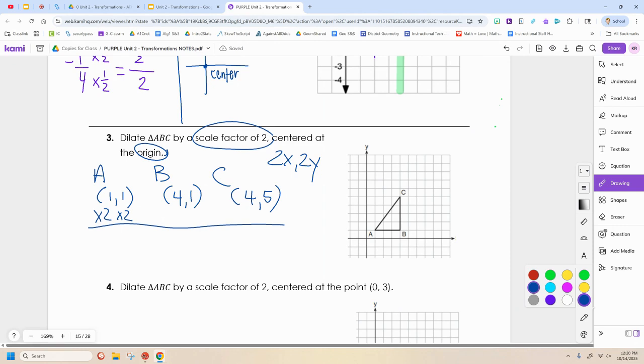So we have 2, 2 for A prime. For B prime, times 2 times 2, so we have 8, 2. And for C prime, times 2 times 2, we're going to have 8, 10.